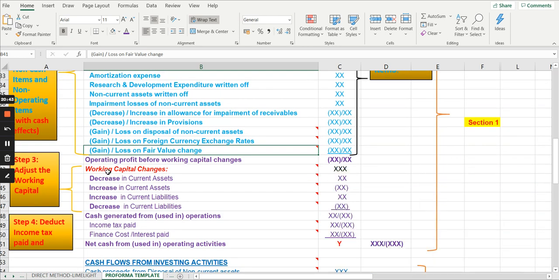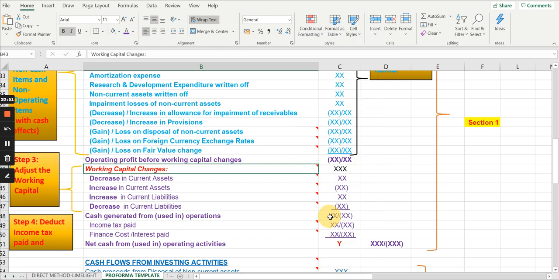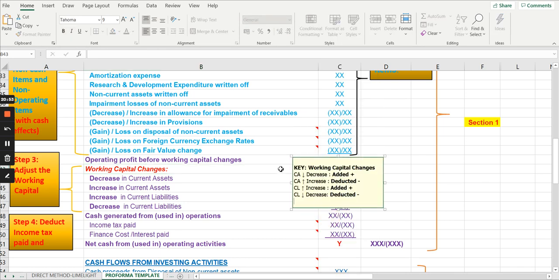And you need to do the third step, which is to adjust the working capital. For your information, working capital is the difference, looking at what happened to your current assets and what happened to your current liabilities. What are the changes to these current assets at the beginning of the year and at the end of the year?